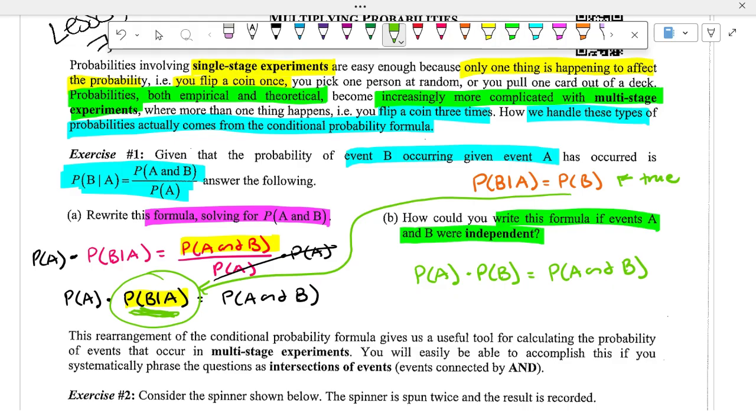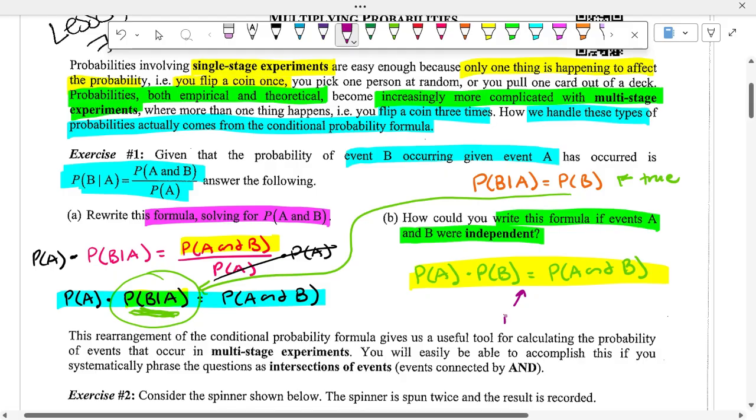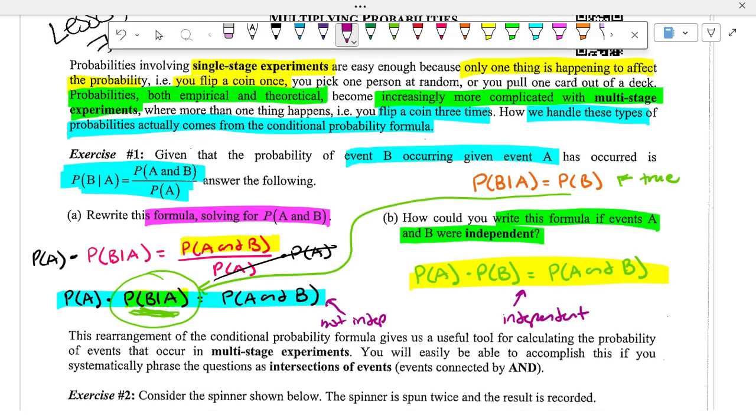So these two formulas, this is the multiplication rule. This one is when they are independent of each other, and this one is when they're not independent. Just so you know. But the one that we mainly want to focus on, or at least that you'll probably see the most of, is this one.